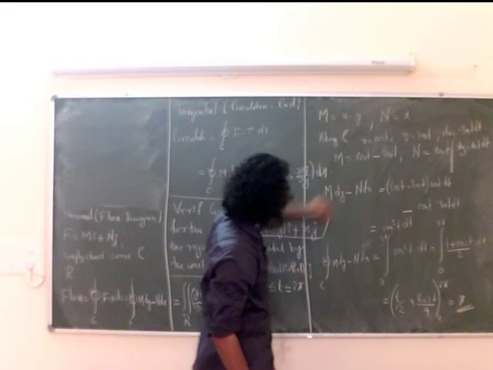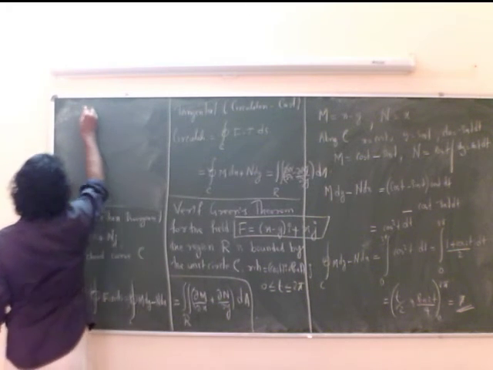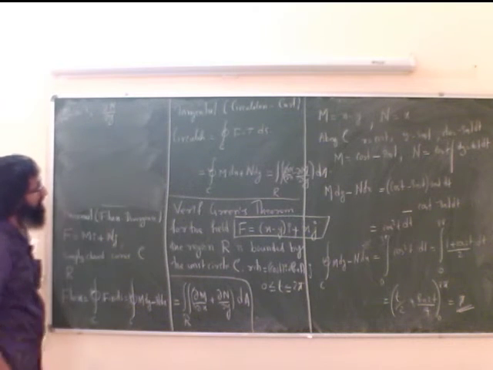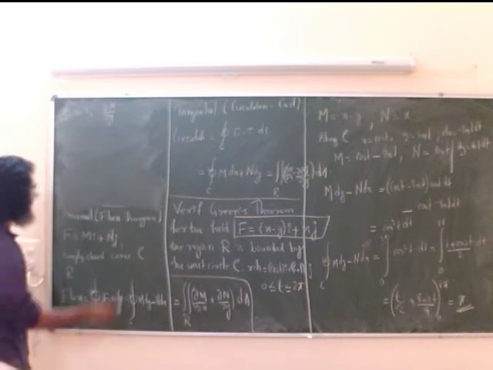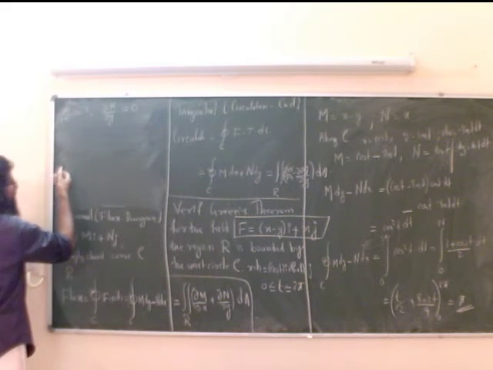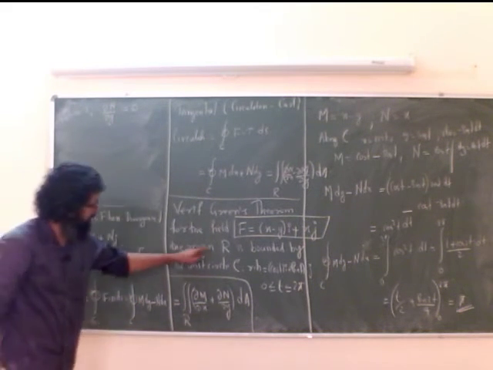So dou m by dou x is 1. Similarly, n is independent of y, so dou n by dou y is 0. And my region R is the unit circle.